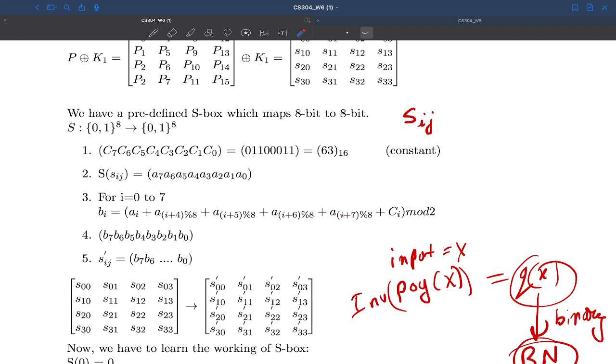We just simply use the lookup table. Give me any 8-bit input, and I will give you the output of sub-byte for it. I don't have to do all these things from the programming point of view.